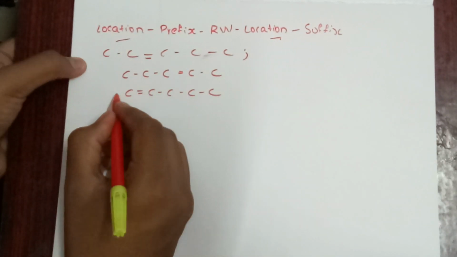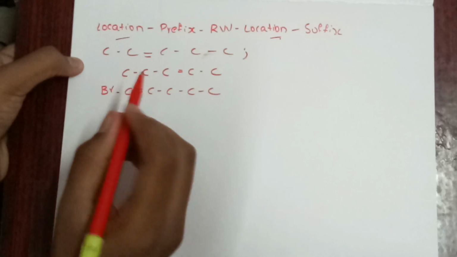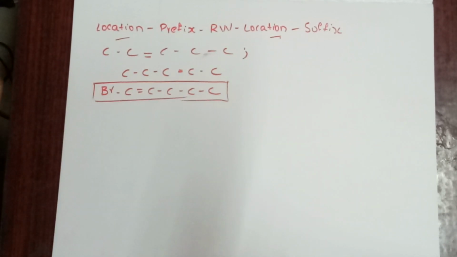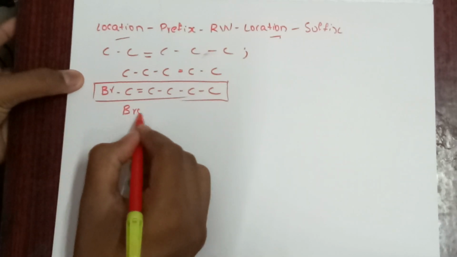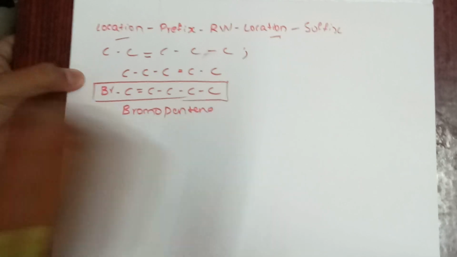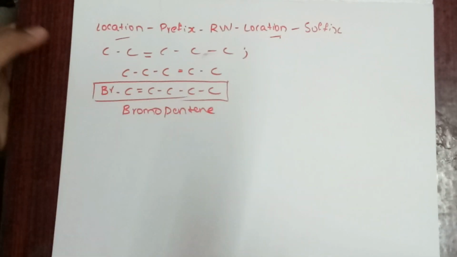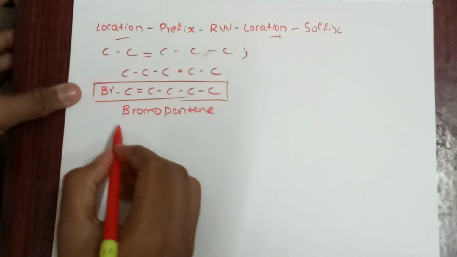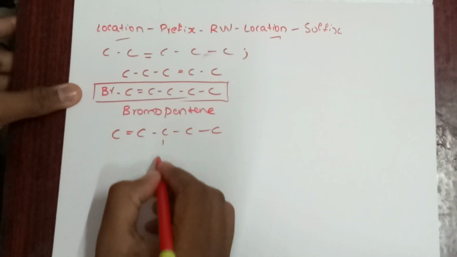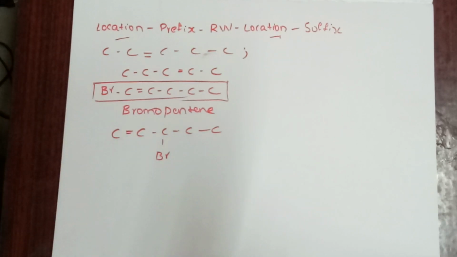And if I give you some kind of this, you consider only this one now, bromo. I gave you here. We can write this as bromopentene, right? But bromopentene only does not mean this one. It can also come as like this also.